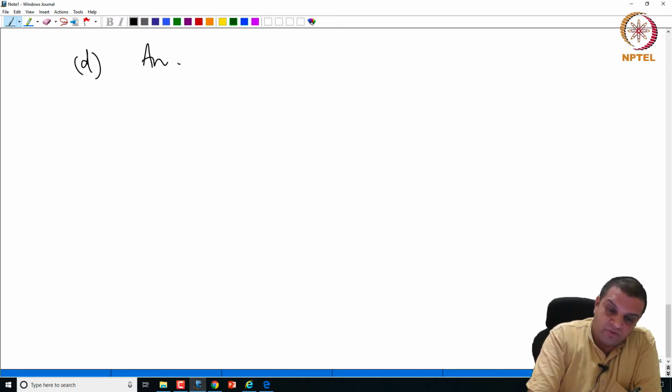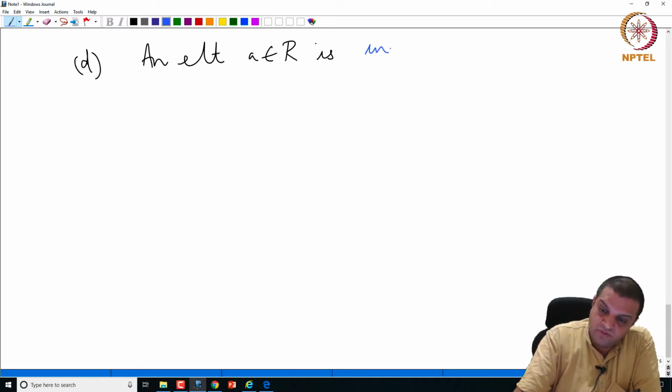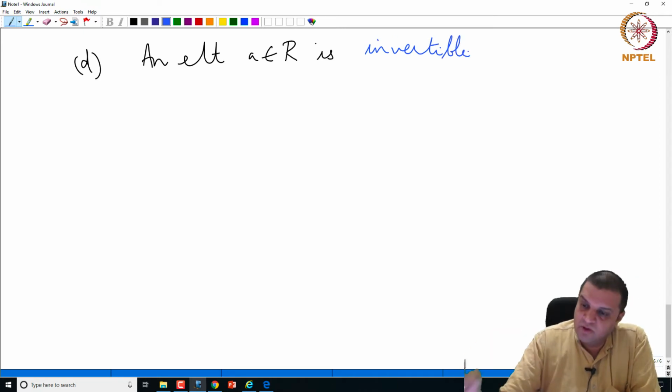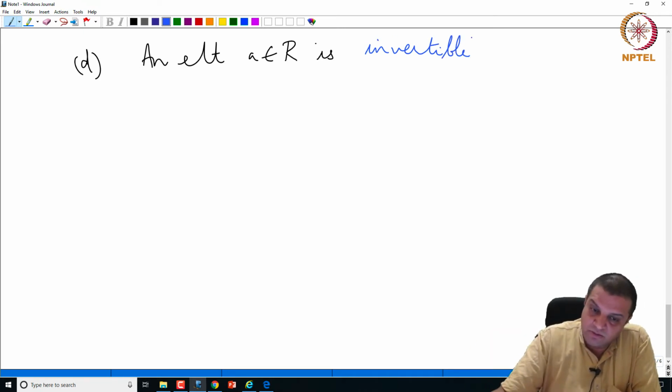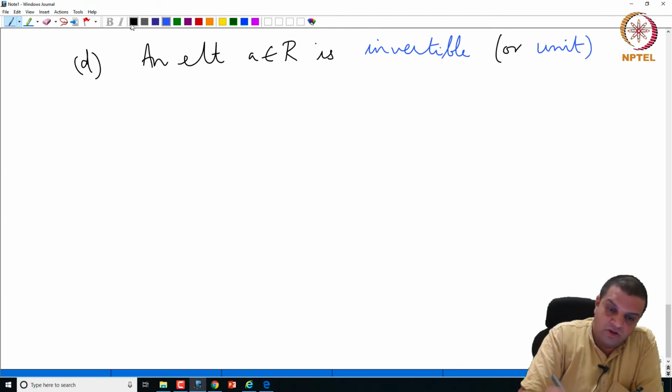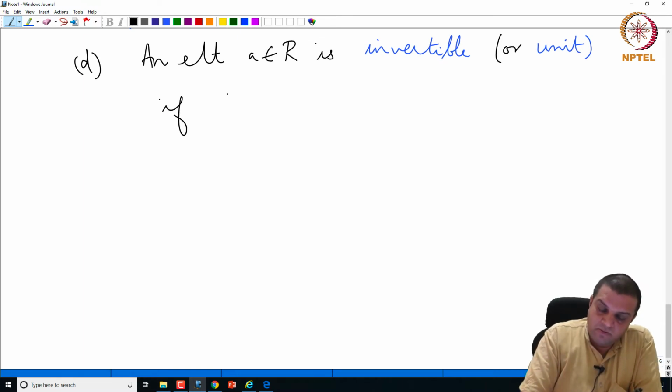An element a in R is invertible. I'm defining invertible, or sometimes it's called a unit, if it has a multiplicative inverse.